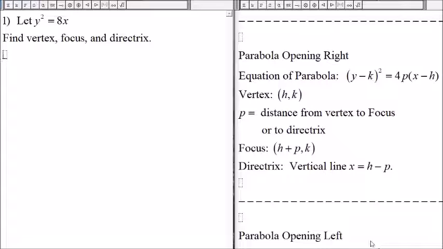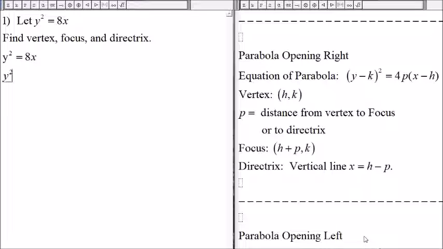So we want to find the vertex, the focus, and the directrix. First we have y squared equal to 8x.